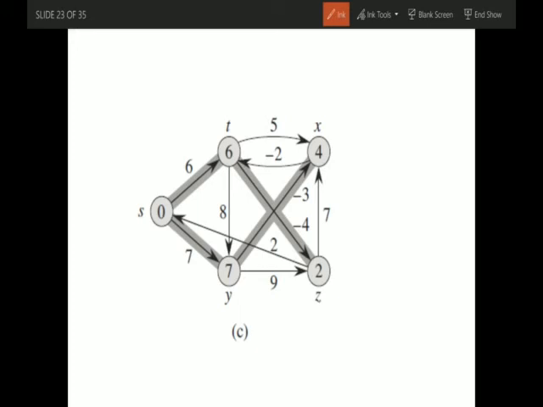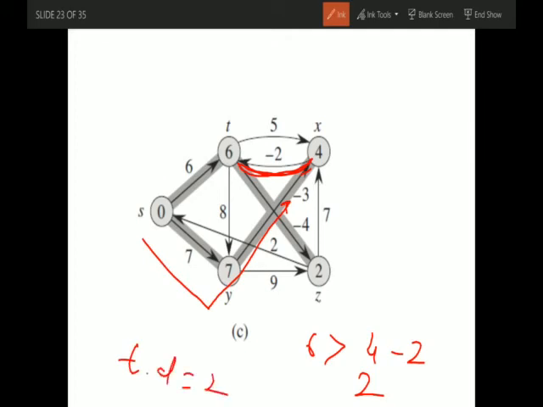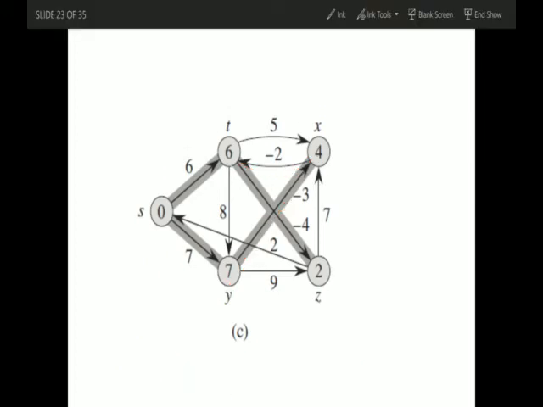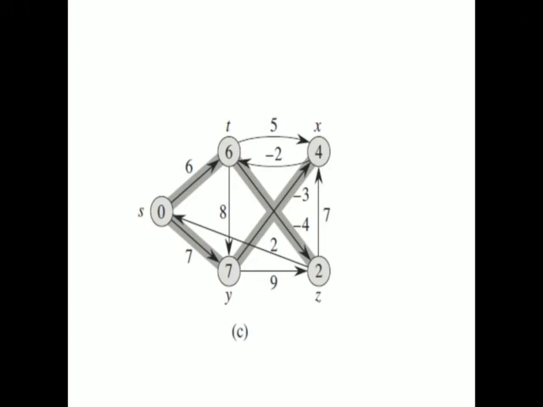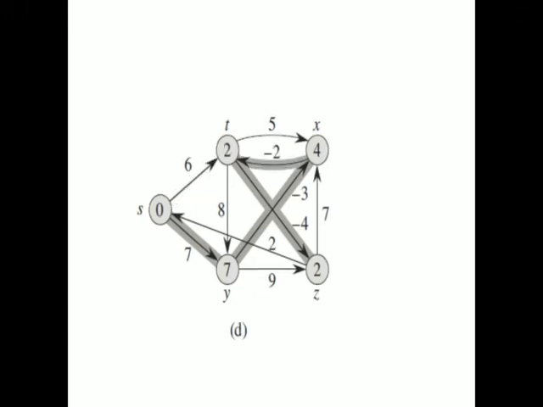You can check till x it is 4, the shortest path estimate from s to x. Now if we relax this edge, relaxing means we check if 6 is greater than 4 plus the weight of xt, that is minus 2, that will be 2. Since 6 is greater than 2, we update the shortest path estimate of t. So t dot d will be 2.